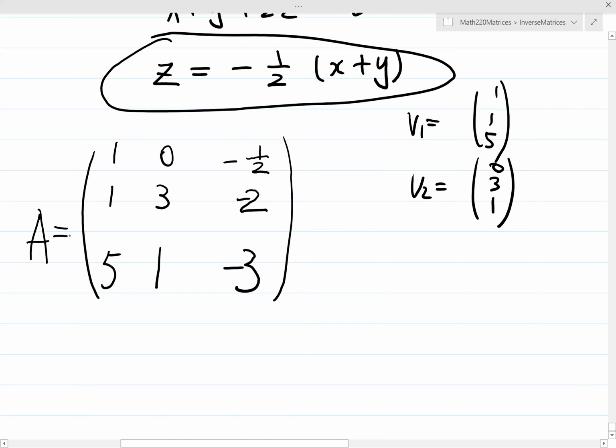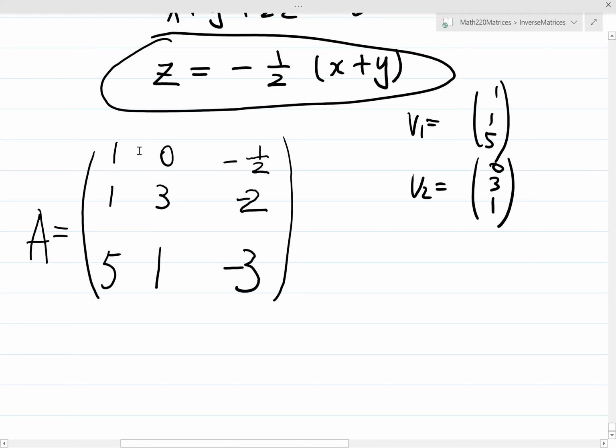Professor? Yes? So are you just plugging in the different numbers to fill in the Z column? I just want to make sure that's how you're getting the negative 1/2, negative 2, and negative 3. The third component is the Z component, and the first rule gives us the X component.